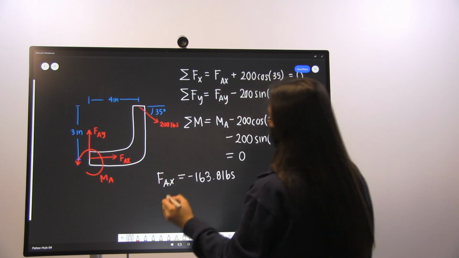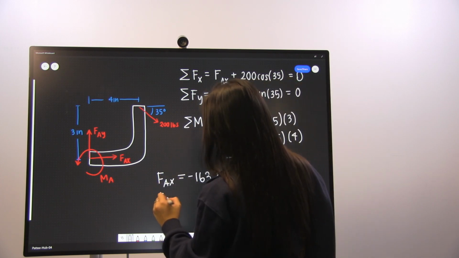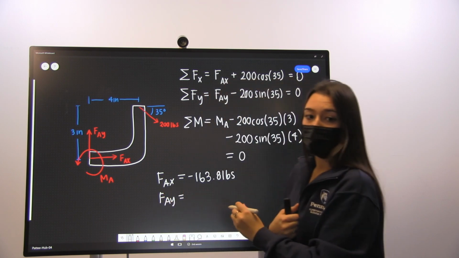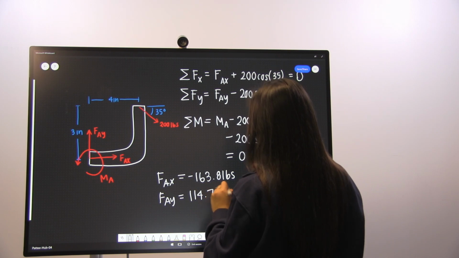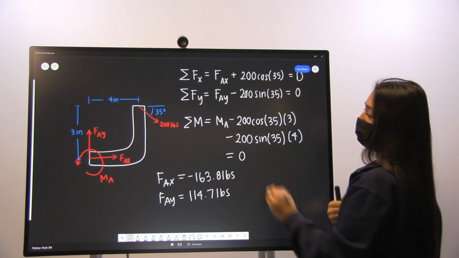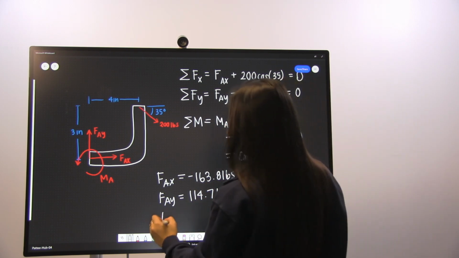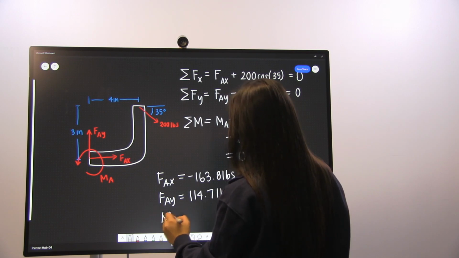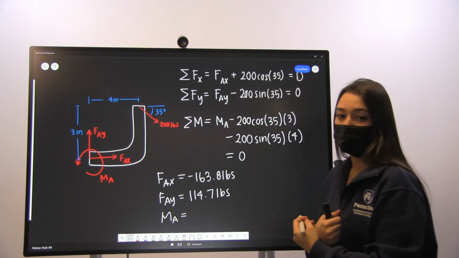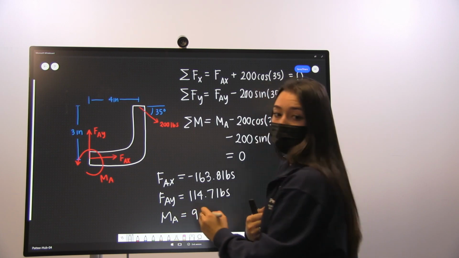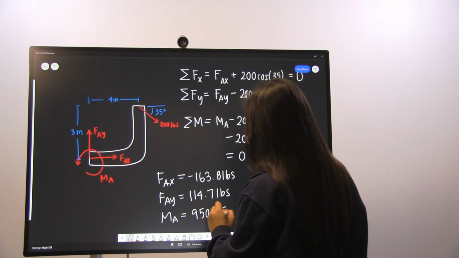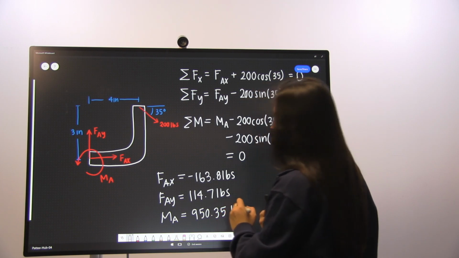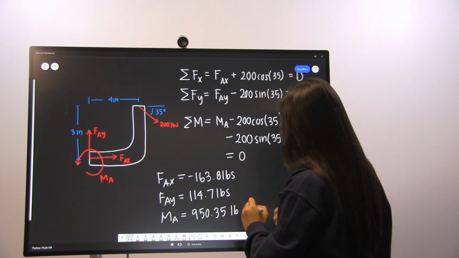Again, solving for FAY, we have 114.7 pounds. And then same process for our moment. That will give us 950.35 pound inches or inch pounds.